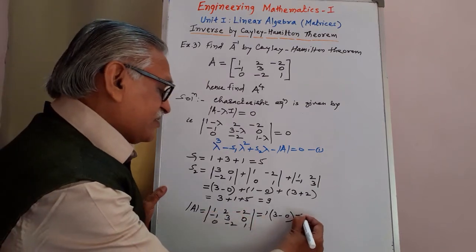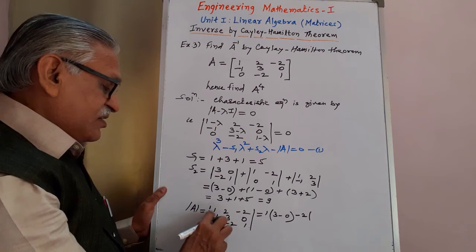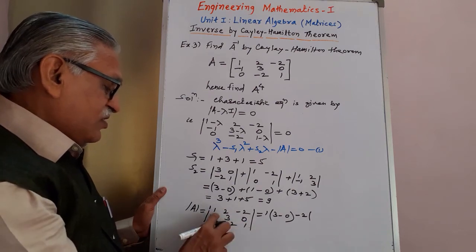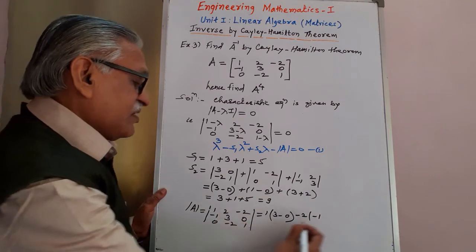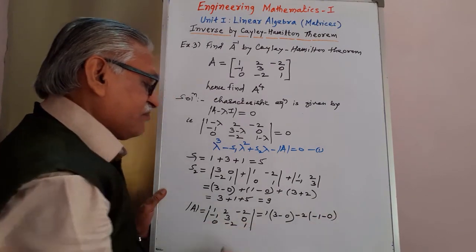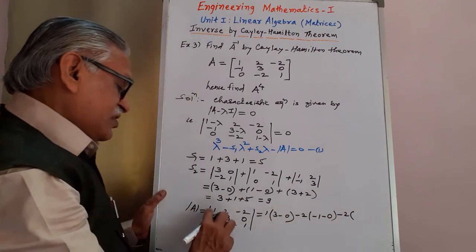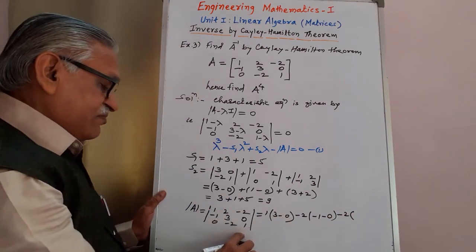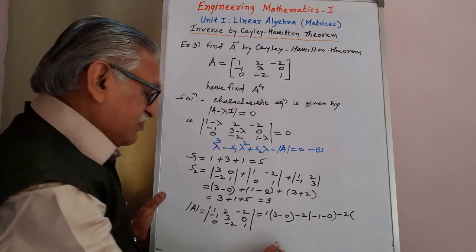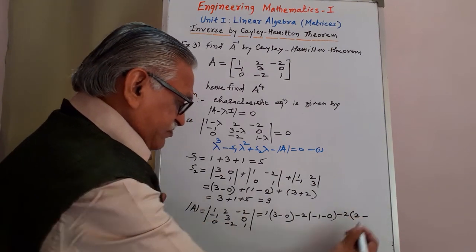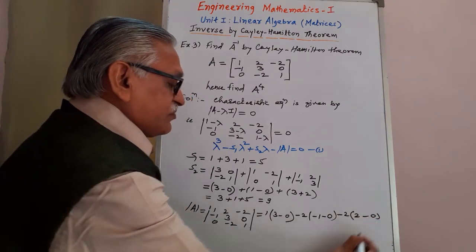Then second with minus and minus 2, neglecting this row and the column, determinant of the remaining 4, minus 1 into 1, we get minus 1 and minus 0. Third element minus 2 into, neglecting this row and the column, determinant of this, minus 1 into minus 2, we get plus 2, and minus 3 into 0, 0.